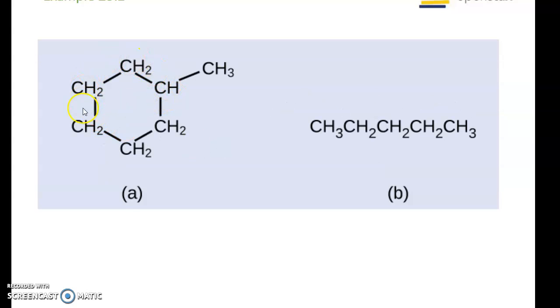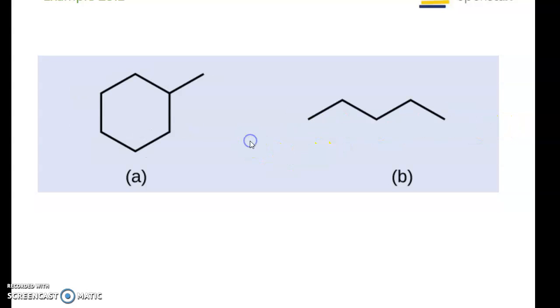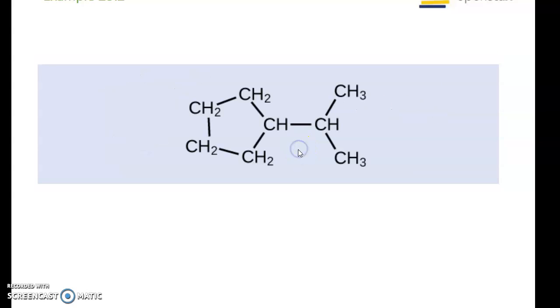Likewise, when you have ring structures, they would look like this with a carbon off of them. And again, you'd have the same linear ones right here. Looking at the stick models, you'd have something that looks like a hexagon with 1 line shooting out from it. And here you'd have just 1, 2, 3, 4, 5 different carbons on this.